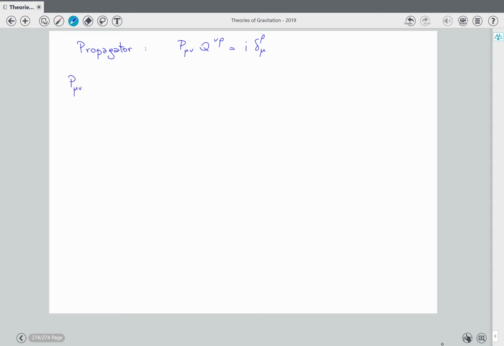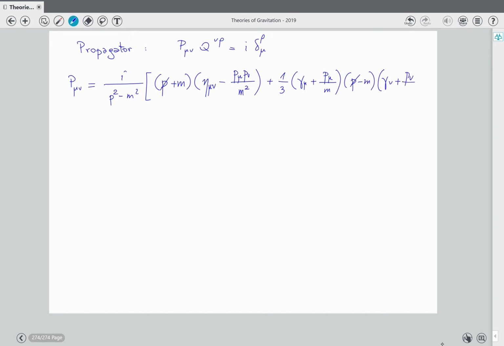And I just write the answer, and then we check that it is okay. i divided by p squared minus m squared times the following complicated matrix: (p slash plus m) times (eta mu nu minus p mu p nu divided by m squared), plus 1/3 (gamma mu plus p mu divided by m) times (p slash minus m) (gamma nu plus p nu divided by m).